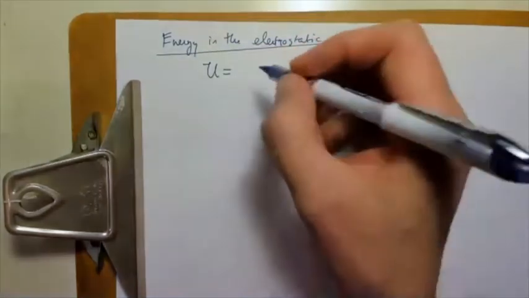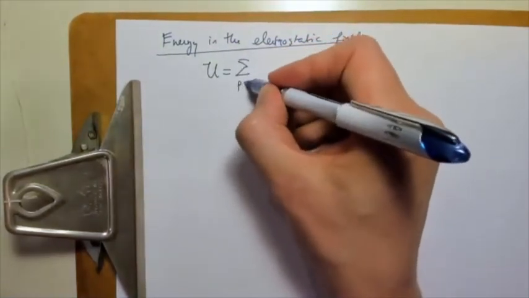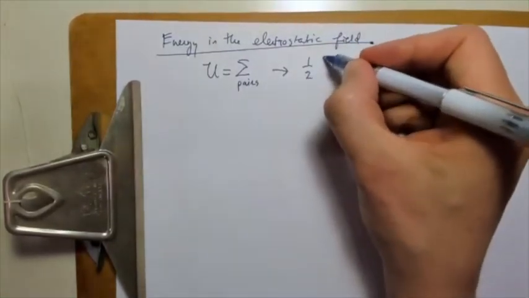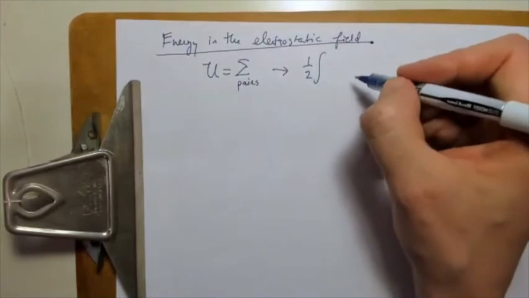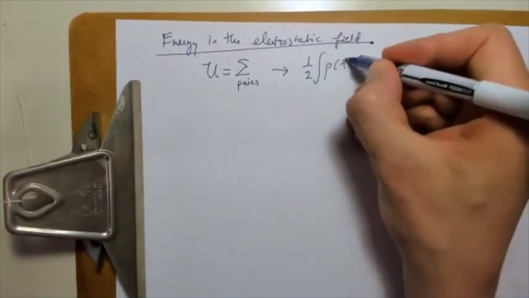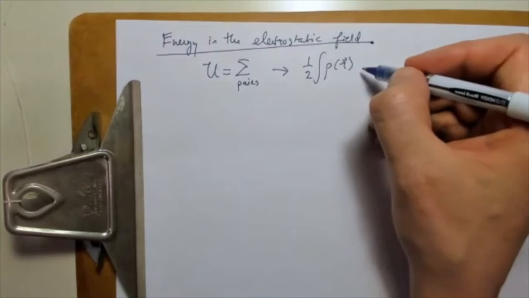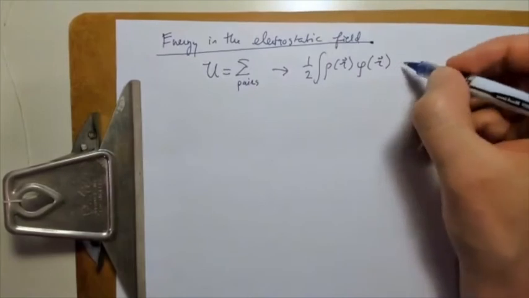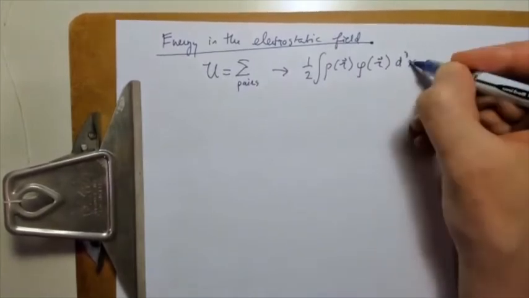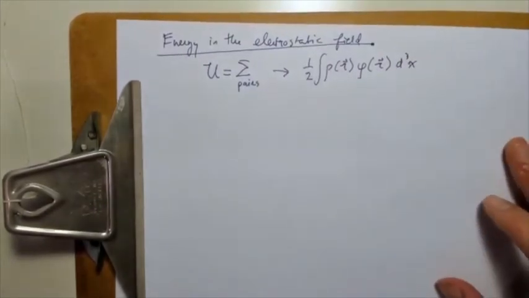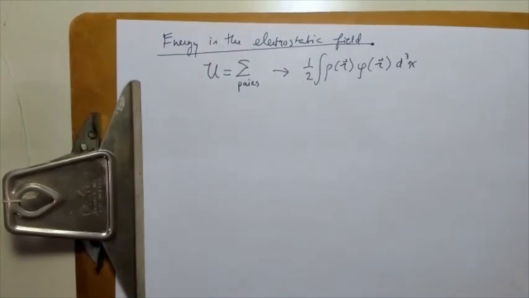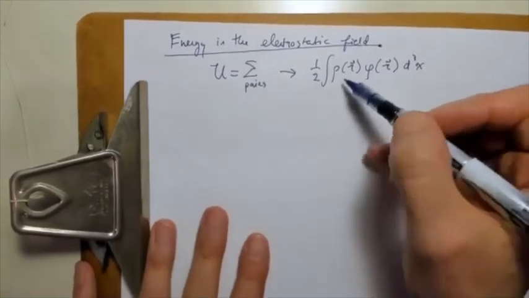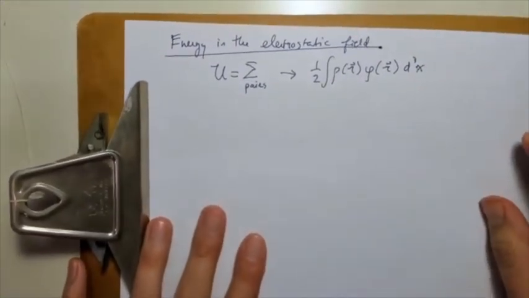We had gone from a sum over pairs to an integral of the charge distribution with the potential, and then we integrate that over all of space. So we've done that already. But what we did not do is we didn't really connect this to the actual field.